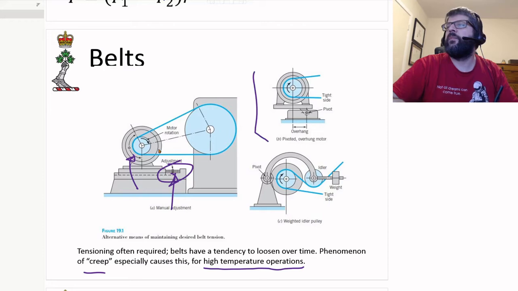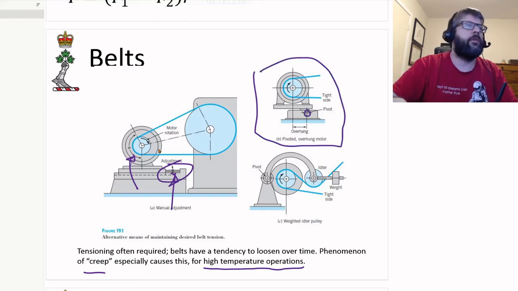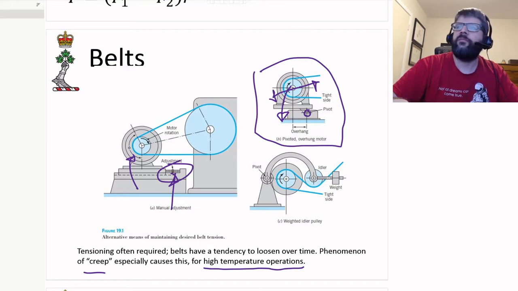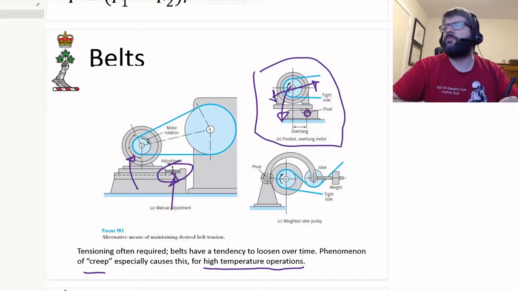We could have, say, a pivoted overhung motor where it's free to rotate about this pivot here, and the weight of the motor is going to cause it to want to rotate about that, but it's going to be restrained by the belt, so you can automatically have the right weight.